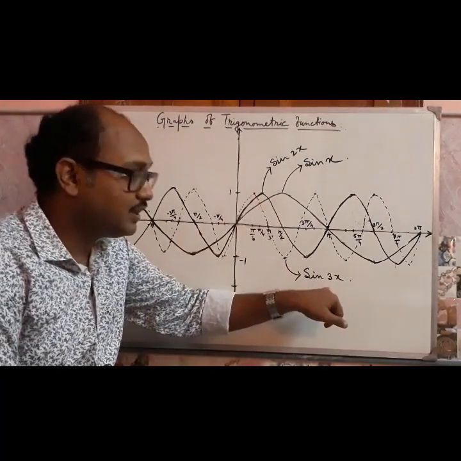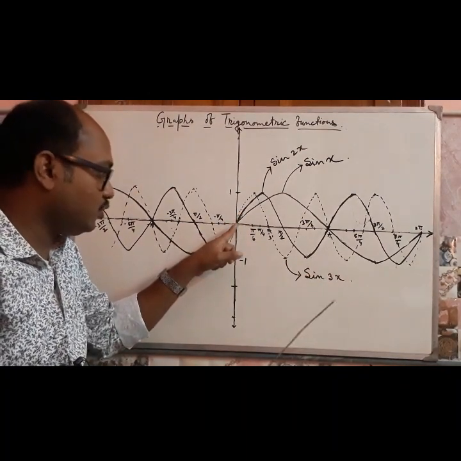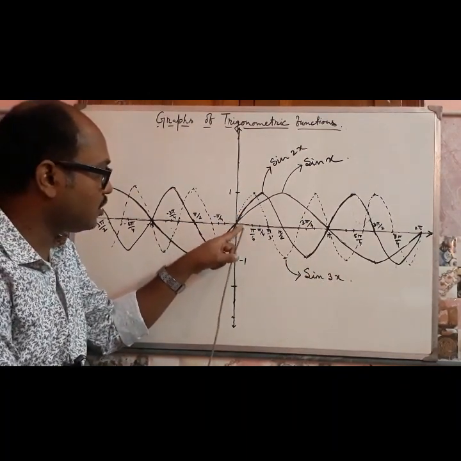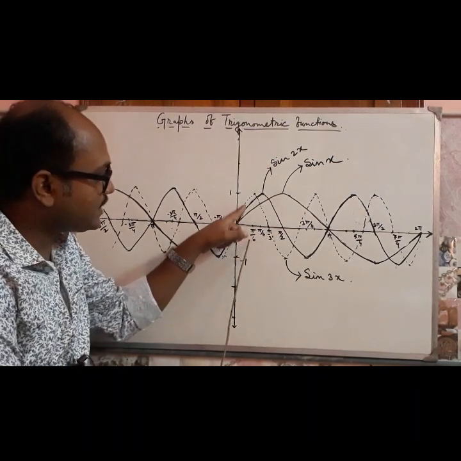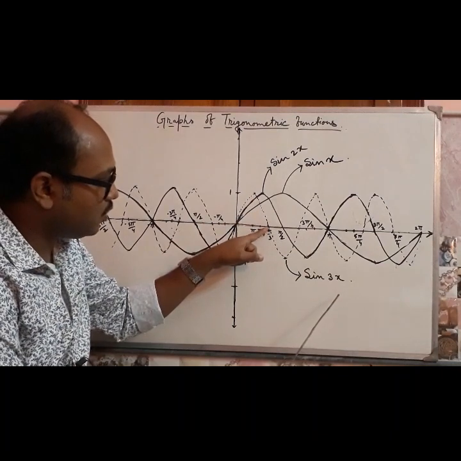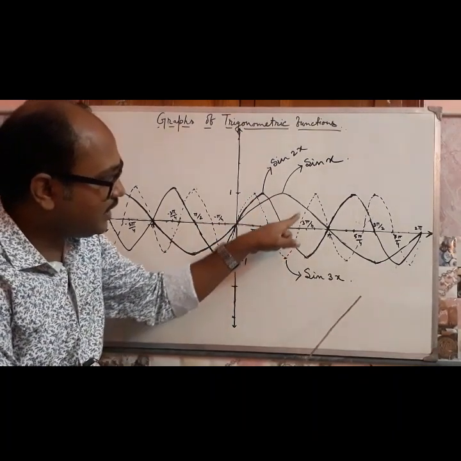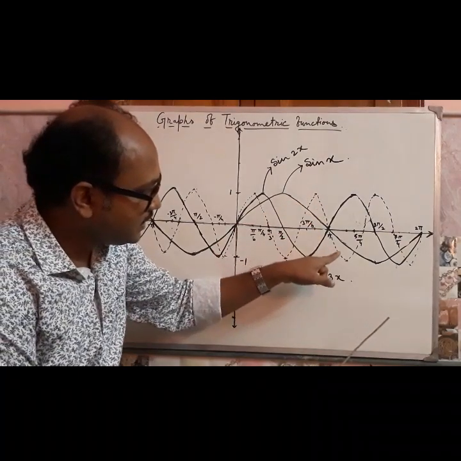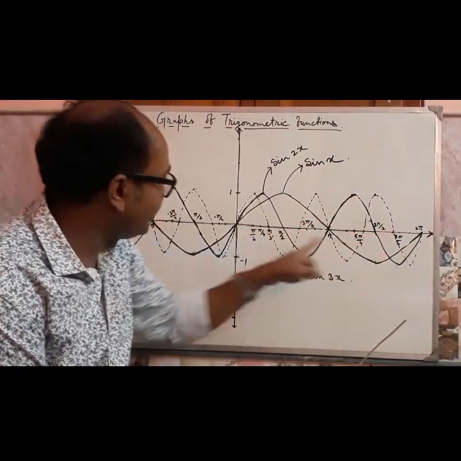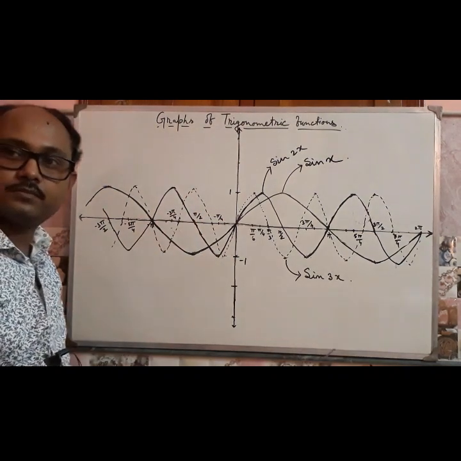Sine of 3 pi by 6 is equal to 1. For x equal to 0, it is 0. For x equal to pi by 3, again it becomes 0. At the point pi by 2 it is minus 1. In this way, you see this dotted line, it is the graph of sin 3x.